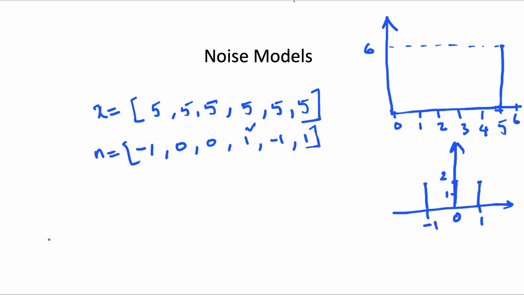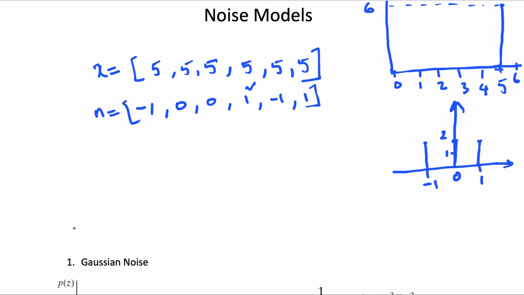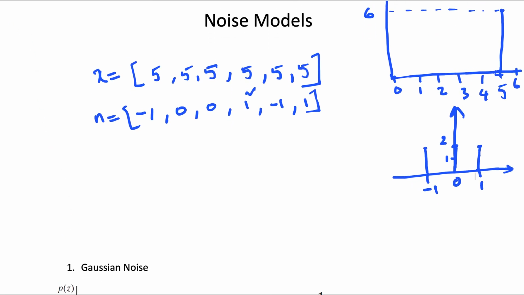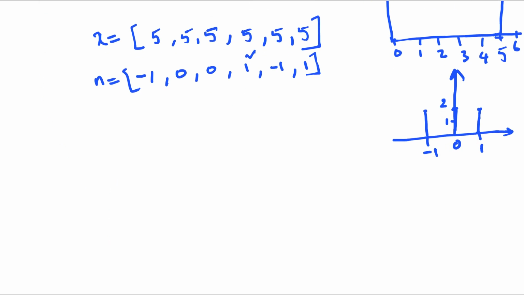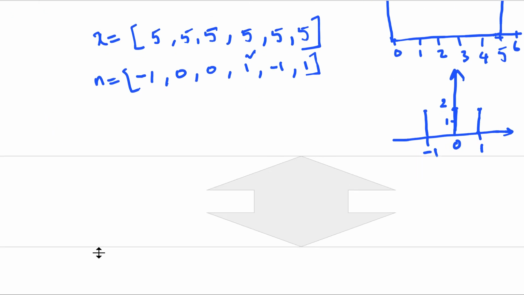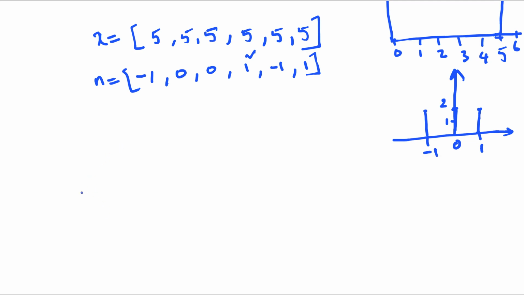Now imagine that I am finding a new vector called x plus n. Then x plus n will be 4, 5, 5, 6, 4 and 6, because we are adding element by element.